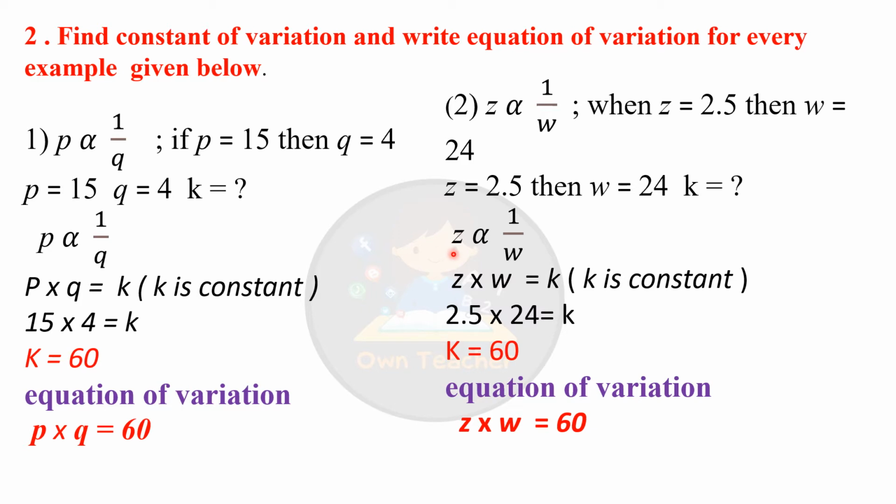So Z is inverse proportional to W. That means Z into W is equal to K. We will put the value. Value of Z is 2.5. Value of W is 24. After multiplying, we get the value of K, 60. Equation of variation is Z into W is equal to 60.